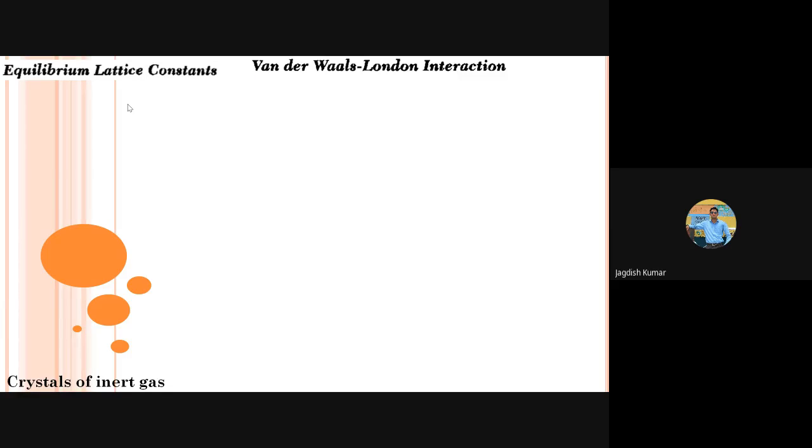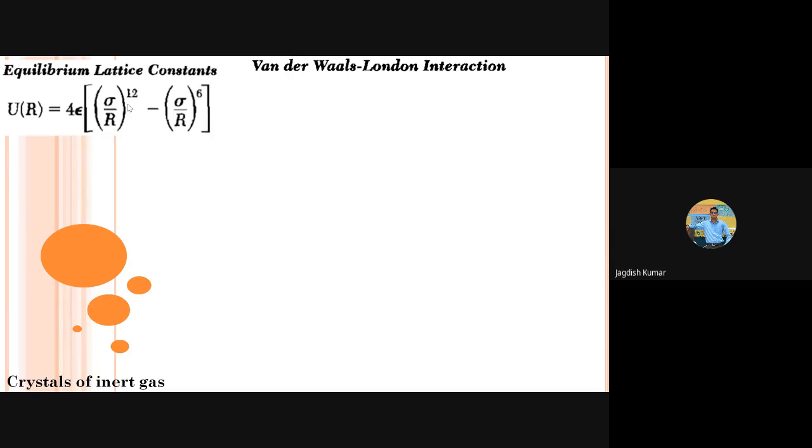Well, once we have done the pair potential, meaning we have obtained the potential of interaction between gas molecules, let us try to calculate the lattice constant. Since we are not discussing just one pair of particles, only two atoms of noble gas, but we actually want to understand the crystals of noble gas.